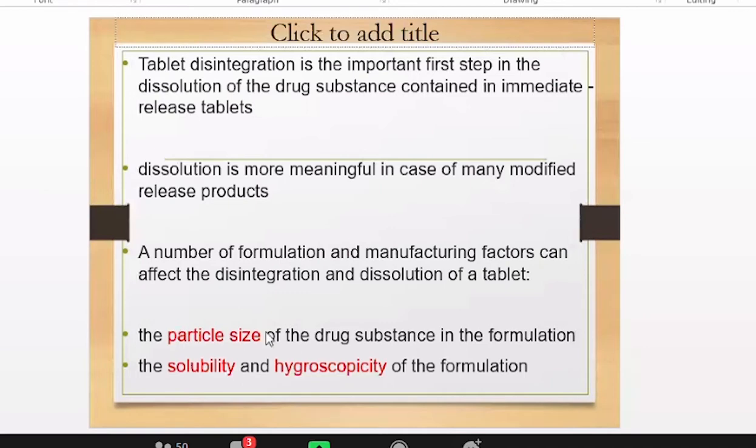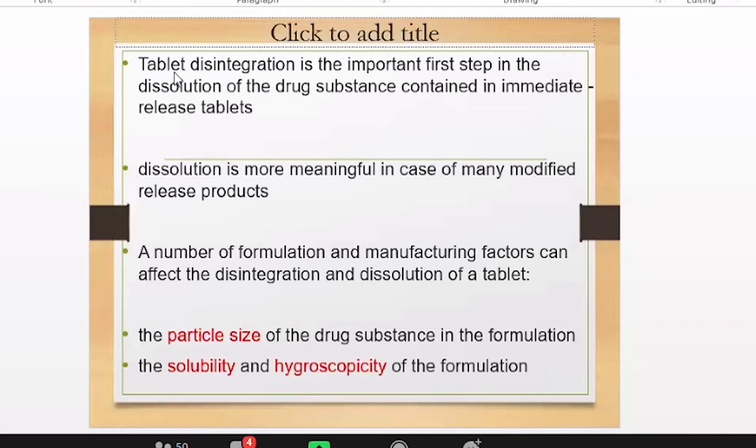And if you increase the surface area, you can increase the rate of dissolution. Then the solubility and the hygroscopicity of the formulation. If the formulation is highly soluble, it's likely to attract water and can easily get into solution. And so the disintegration and the dissolution will be higher.